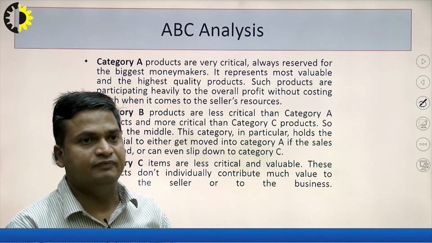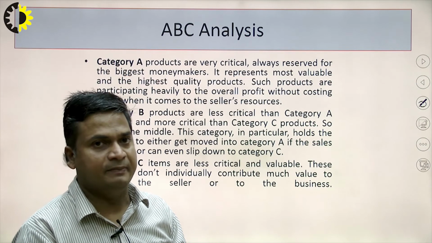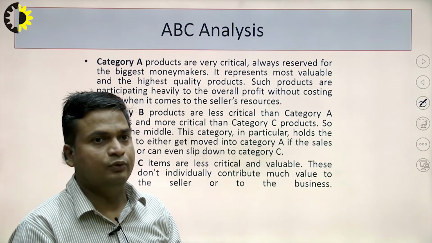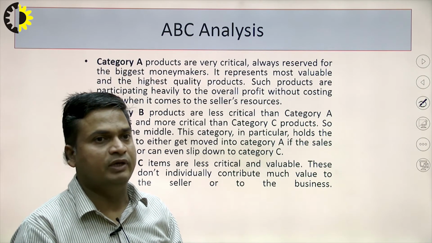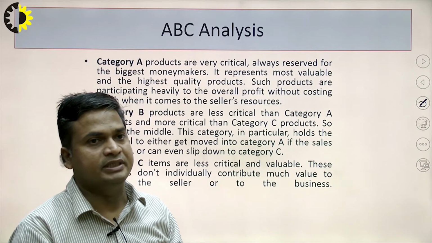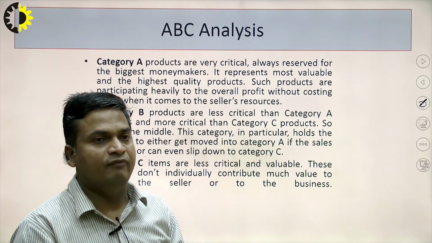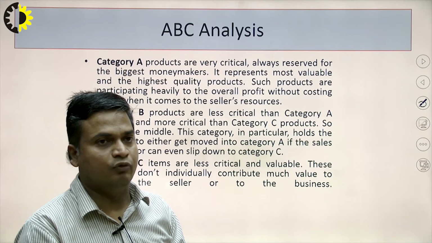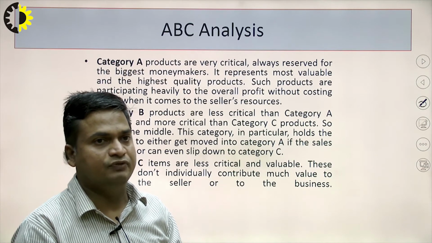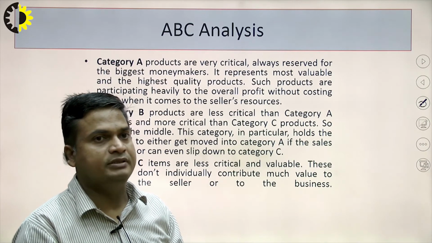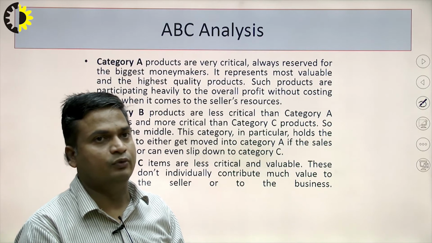These are the items which we can consider in category C. These products don't individually contribute much value to either the seller or to the business, and they are 70% in quantity of the total inventory which we are having, and the value is only 10% of the total items.